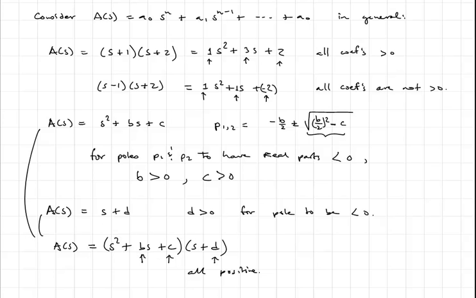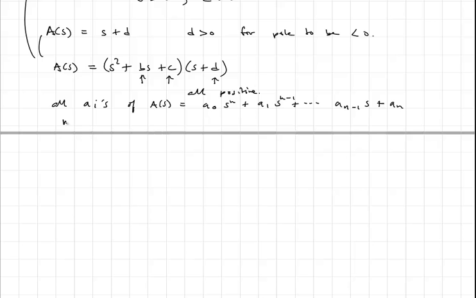And so in order for all of the roots to have negative real parts, all a_i's, all coefficients of A(s), where A(s) is equal to a0 s to the n plus a1 s to the n minus 1 plus dot dot dot a_(n-1) s plus a_n, all a_i's must be positive. Okay? So that's a necessary condition.